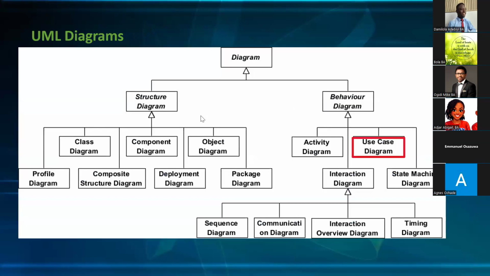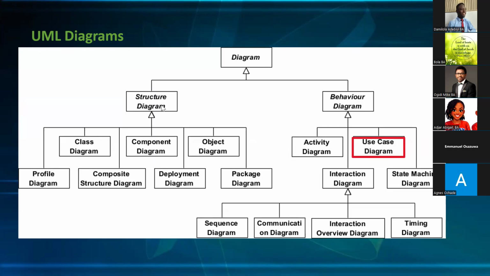Now, this is a UML diagram. You could see on this diagram, we have structure and behavioral diagrams. The use case is a behavioral UML diagram. Yeah, and you can see where it falls. The reason is behavioral, it's dynamic, it moves.